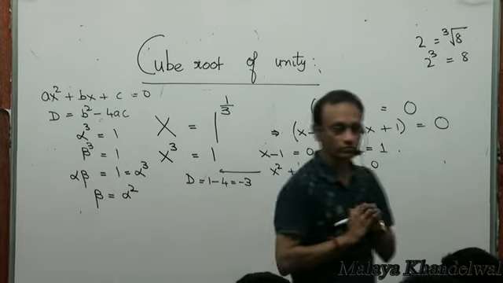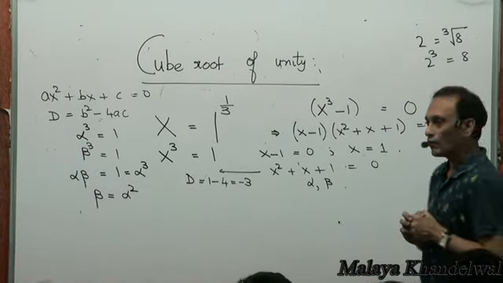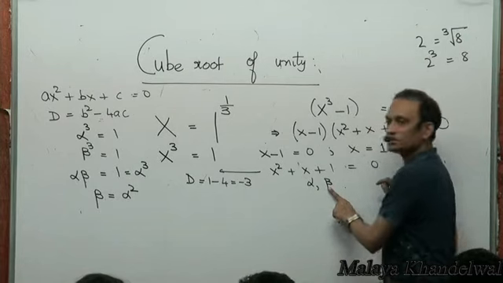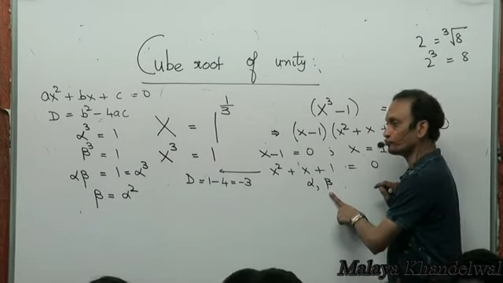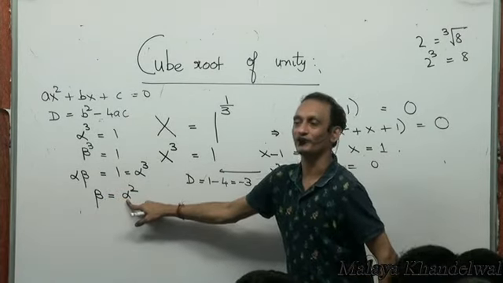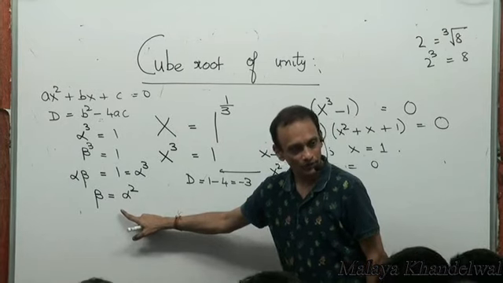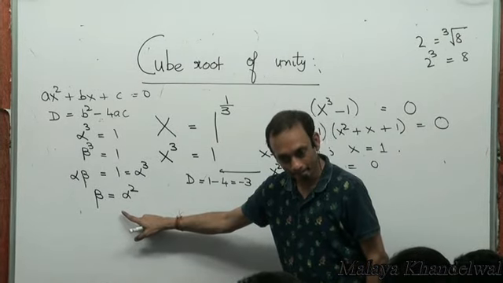Yes or no? That means if alpha and beta are 2 complex cube roots of unity, then one of them must be the square of the other one. Yes or no? Right?